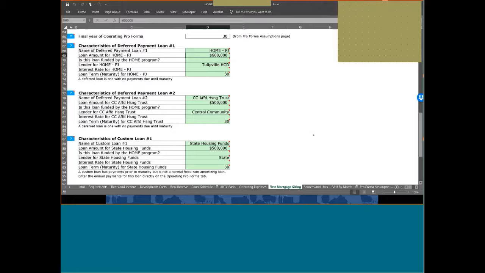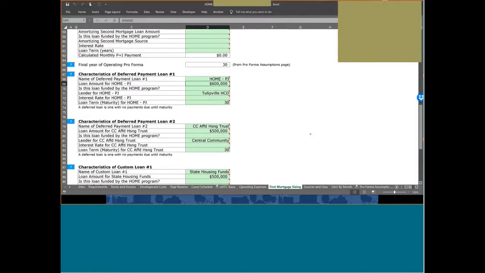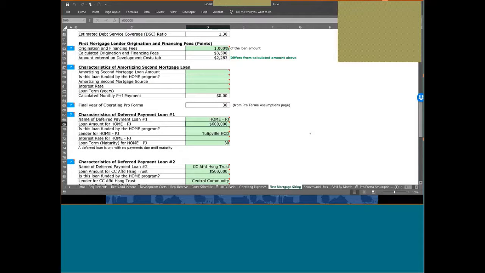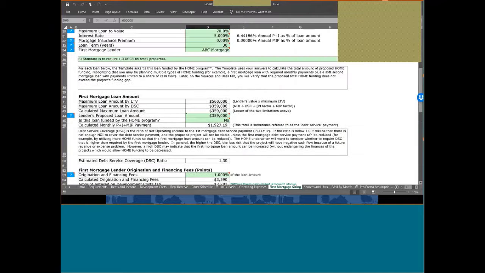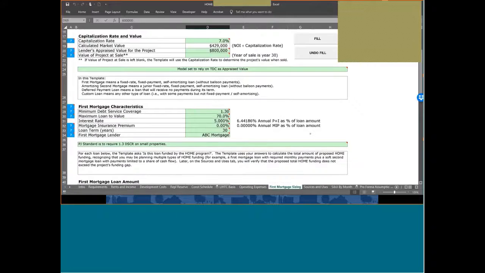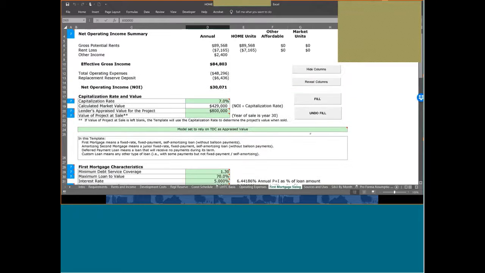This is what we're underwriting, $600,000 of HOME funds. So we have those as fixed inputs. Now we're going to look at first mortgage sizing. So I'm going to scroll up for a second here.